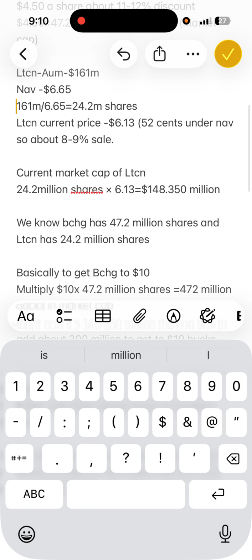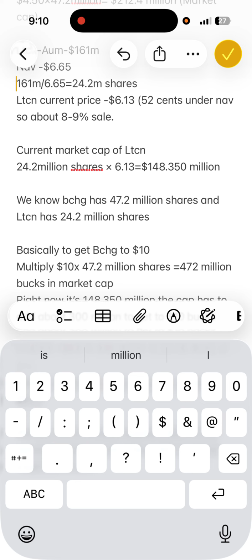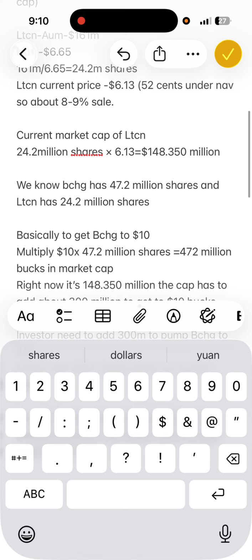So now moving on, we know that BCHG has about 47.2 million shares and LTCN has 24.2 million shares.